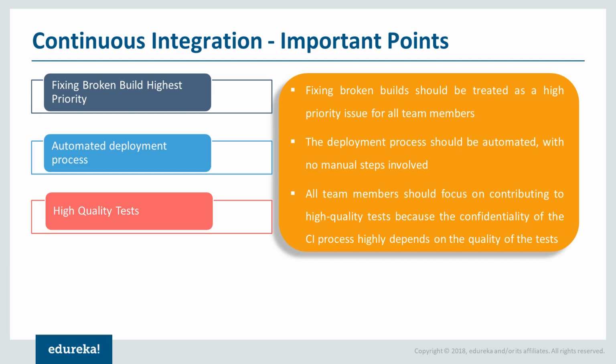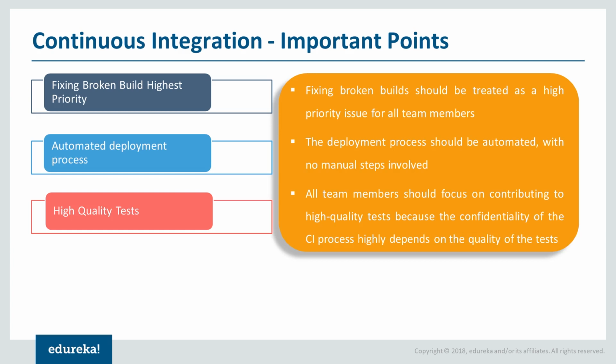If you are still in that model, then you are not following proper DevOps, and you cannot achieve proper CI. So any kind of broken build gets the highest priority. Because if you have a broken build, that would mean that your automated test cases are not running properly, which would mean that you have a discontinuation of service for the developers. They are able to write the code, but they are not able to test that code, which is a hindrance. It's a roadblock, which has to be fixed as soon as possible.